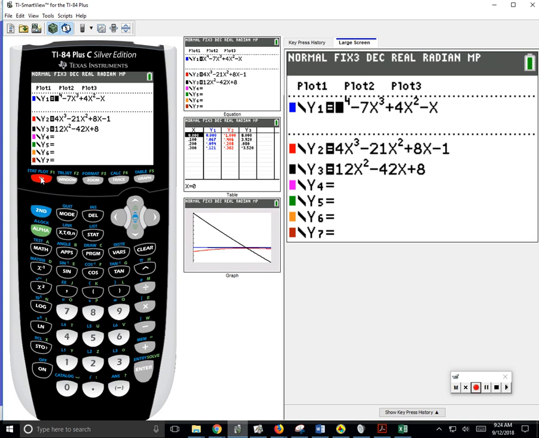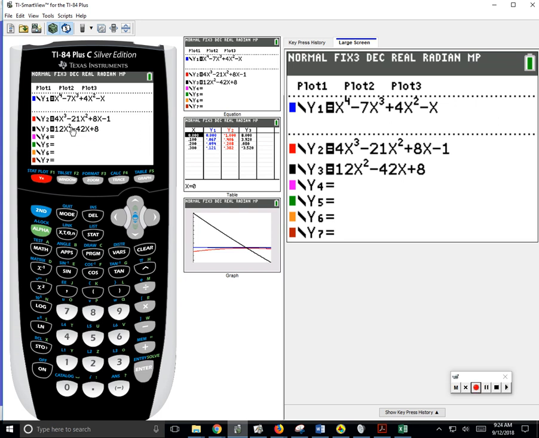Have I showed this class the way to turn the equal sign on and off? No. We don't need it right now, but at some point in the future, you'll encounter a problem where you'd like to have all three of them in your calculator, but you don't necessarily want to see all three graphs.